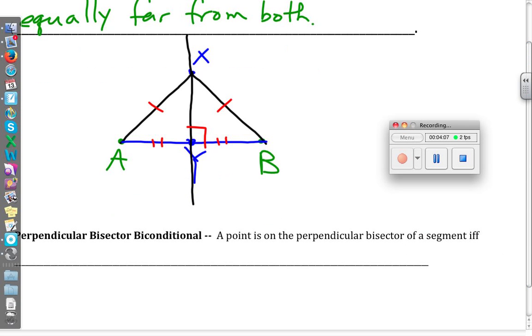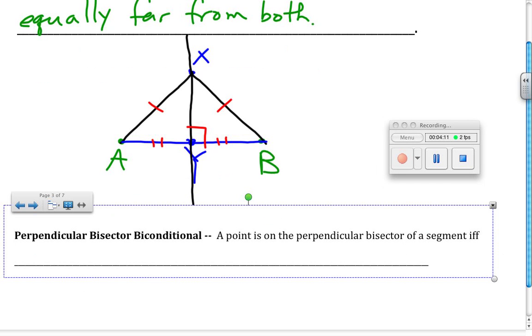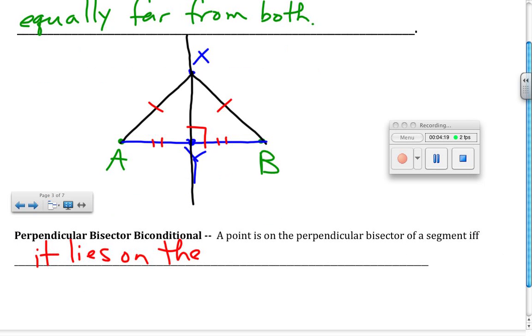A point is on the perpendicular bisector of a segment if and only if it is, as Helena said, equidistant from the endpoints.